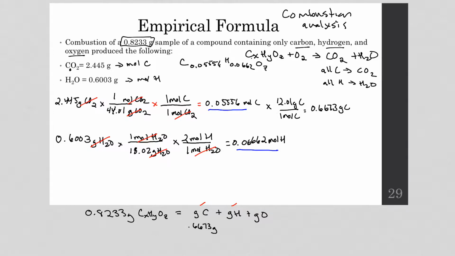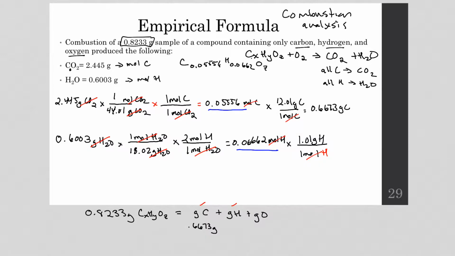Now for my grams of hydrogen, I'm going to use my 1.01 grams of hydrogen, my molar mass, per 1 mole of hydrogen. And my units, of course, are going to cancel here, just like they canceled here.